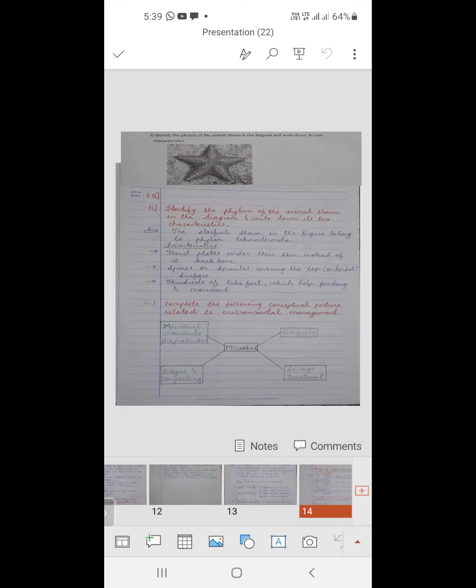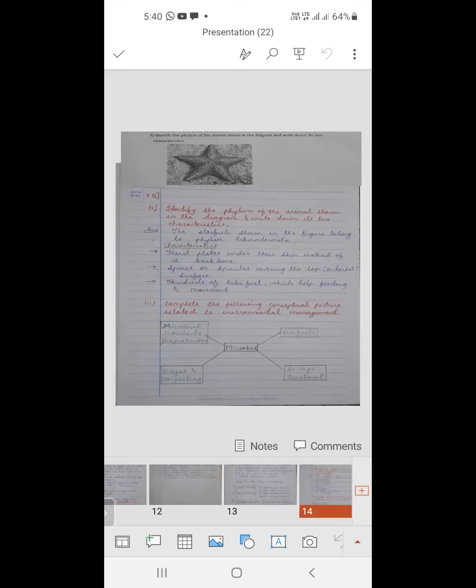First characteristic: it has hard plates under its skin instead of a backbone. Second: it has spines or spicules covering the top or dorsal surface. And the third characteristic: it has hundreds of tube feet which help in feeding and movement.